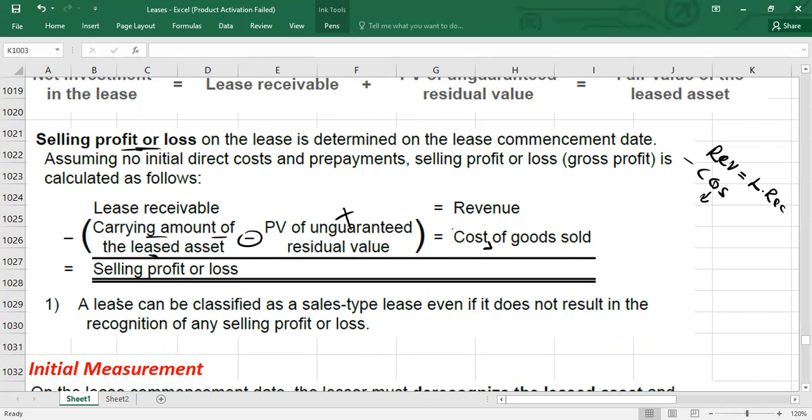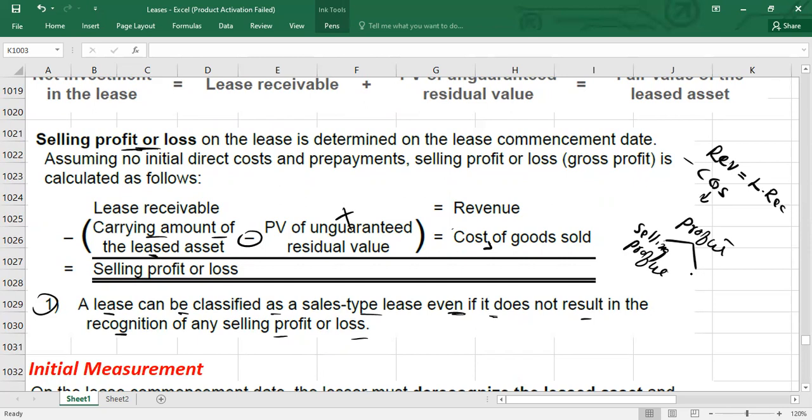Okay. And here we have a short note. A lease can be classified as a sale type lease even if it does not result in the recognition of any selling profit or loss. Now guys, let me tell you, in the sale type lease we mostly have two types of profit. Which two? One is called selling profit, which, as I told you, is the difference of revenue and cost of goods sold.